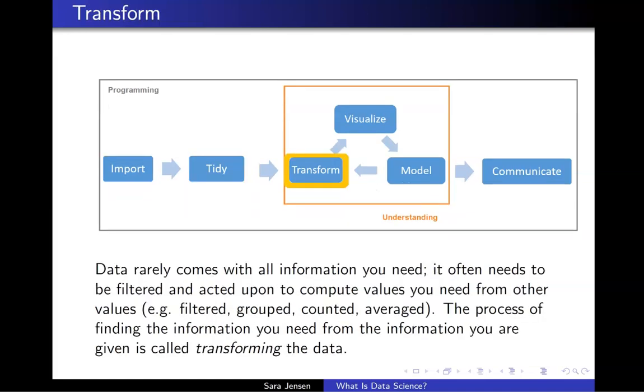Now, even after we've cleaned up our data and made it much more readable and easy to interact with, it's often the case that the data that we're given doesn't contain all the information that we really wish we had, but we could often compute it from what we do have. Examples of this might be filtering your data just down to certain subsets that you really care about, maybe averaging some data, maybe aggregating some data together that looks like it might be different, but we really want to think about it as the same.